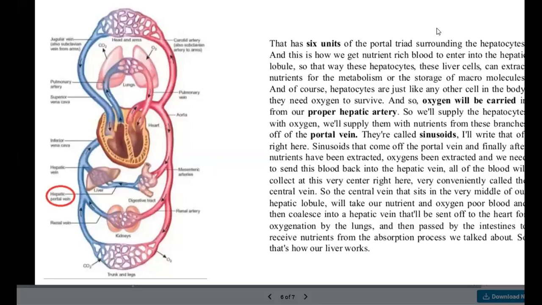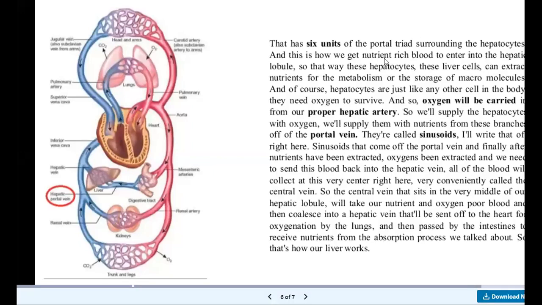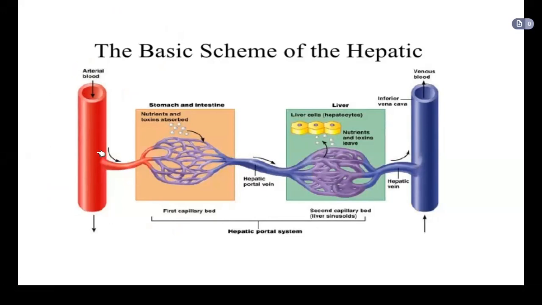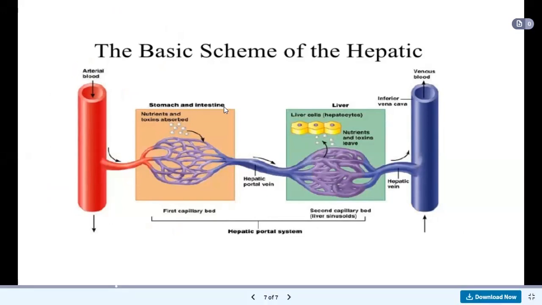Yeah, so this just explains the whole blood circulation into the liver, how blood enters the liver and how blood leaves the liver. So here you see arterial blood. This is your stomach and your intestine.